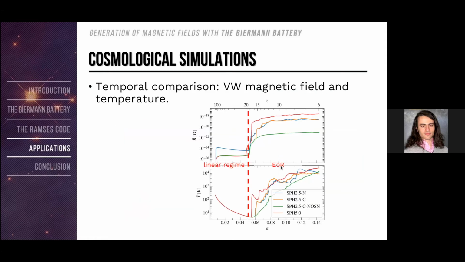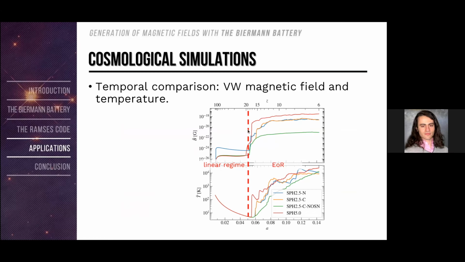And finally, if we look at the volume weighted average magnetic field strength and volume weighted average temperature for the different simulations, we can define two different epochs. As I said here, before the EOR, we have these linear perturbations, but I don't have the time to explain their origin.